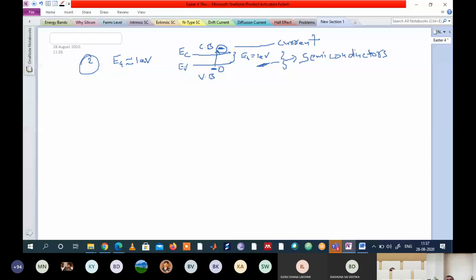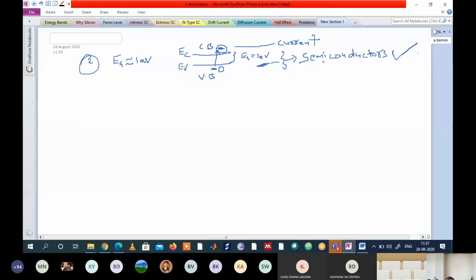So those types of devices are called semiconductors.